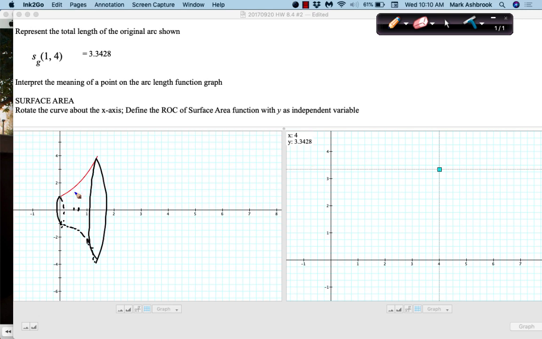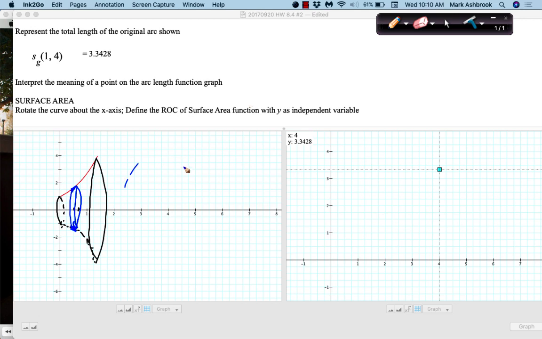And then we remember that in order to do surface area, it can't be a right angled ribbon, but we have to use the arc length so that our ribbons have the bevel on it. So one of those is going to look like this. That's not the best ribbon I've drawn all day, but you get the idea.